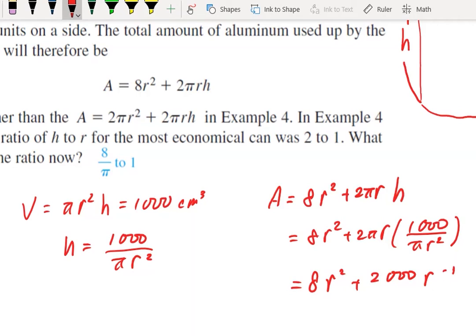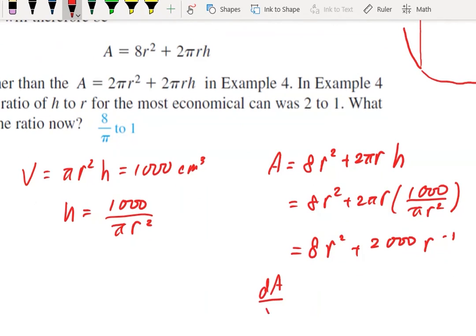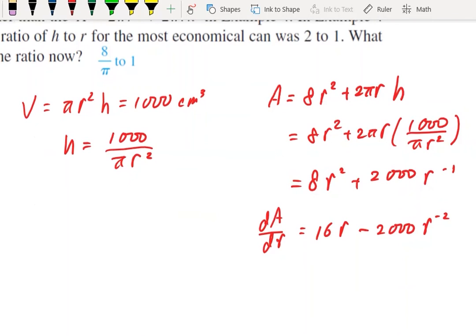Okay, all you babies, do you see why that's -1, or do you want me to put it as 2000 over r? And then that is equal to, okay, now we can take a derivative, dA over dr, and that is 16r minus 2000 r to the -2, right? Say yes. Okay, now we can set it equal to 0.